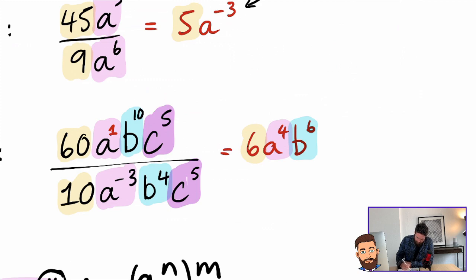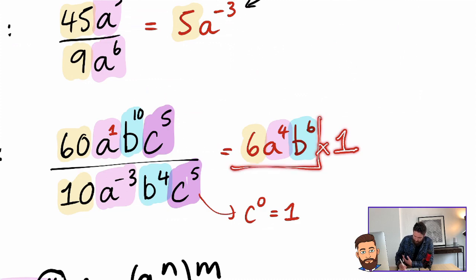So this c would be c to the 0. And we know c to the 0 is 1. So we technically need to times this by 1. But timesing by 1 would just give me that anyway. So the c's just cancel essentially in this case. Okay, there's no point timesing this by 1 because you just end up with the same thing that we've got there already.